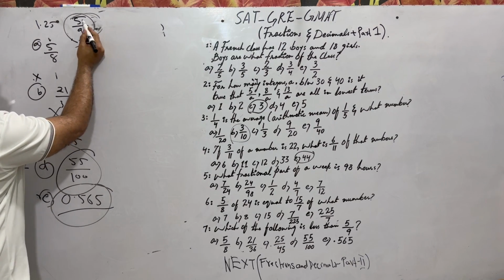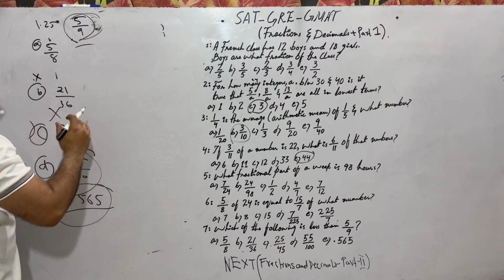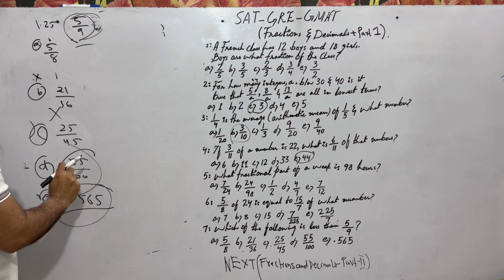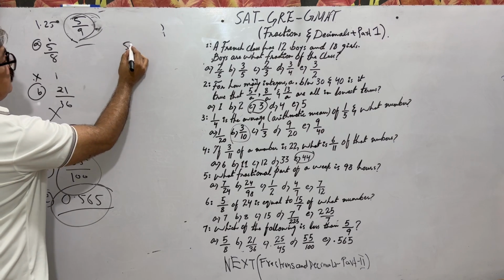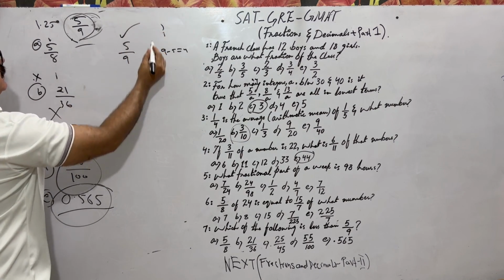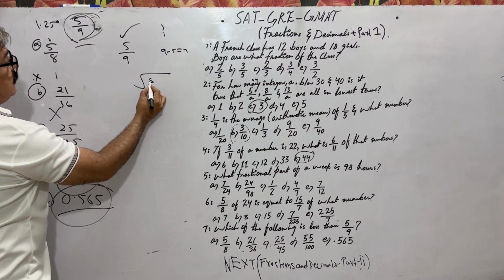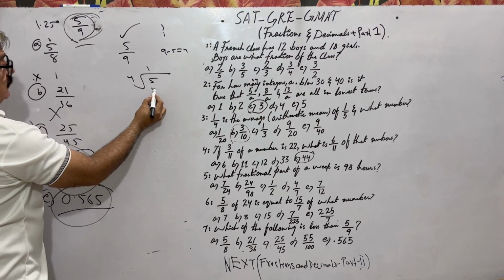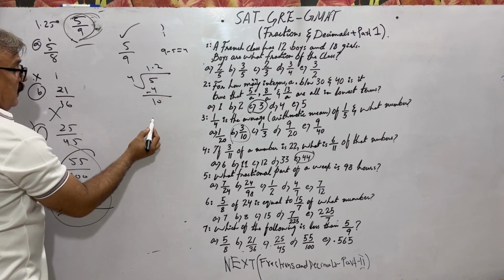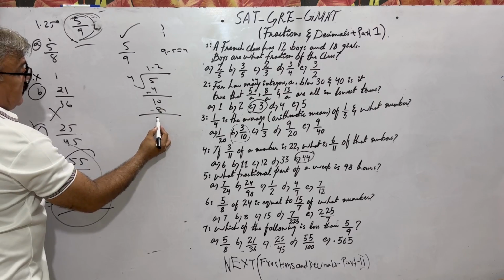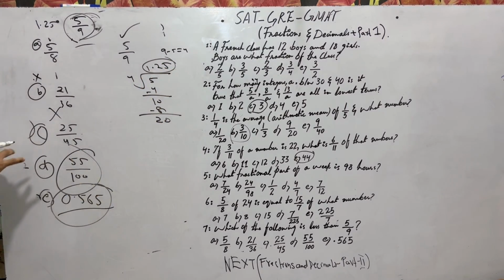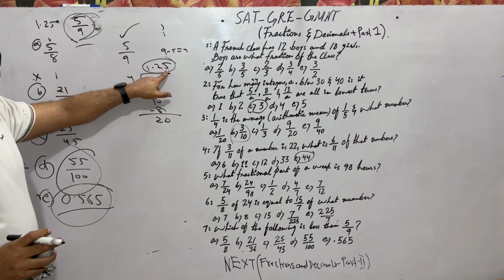Take the difference of these quantities in order to decide which one is lesser and greater in case of proper fractions. 9 minus 5 is 4. Divide the numerator 5 by 4. 1 times 4 is 4. Subtract, 1, 0, introduce point. 2 times 4 is 8. Subtract, 2, 0. 5 times 4 is 20. So according to my hack, its value is 1.25.